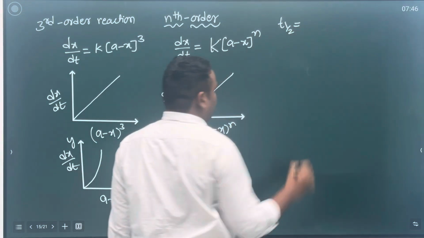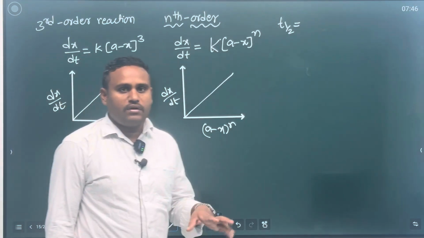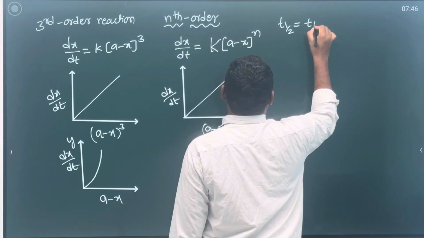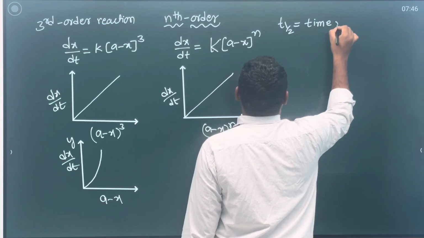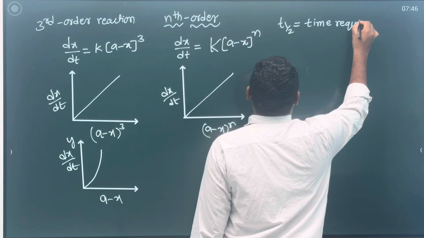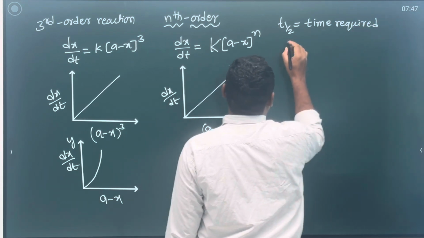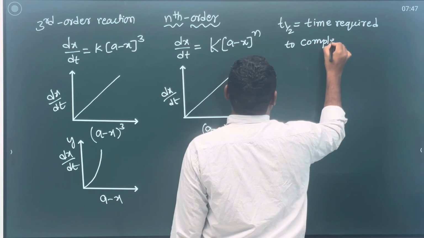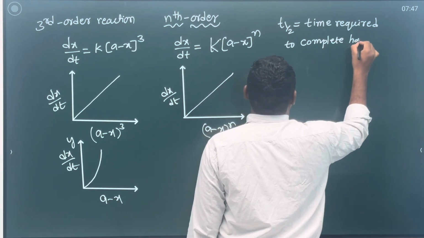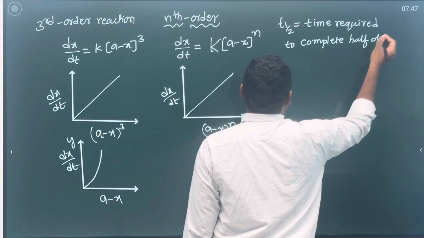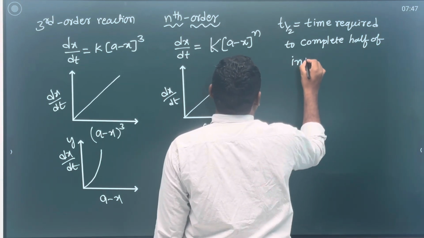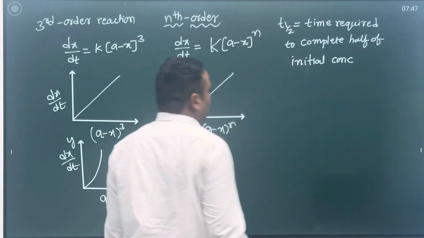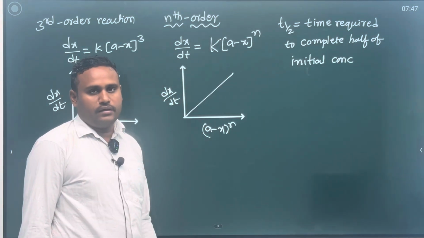T half means the time required to complete half of the initial concentration. That is called the half life of a reaction.